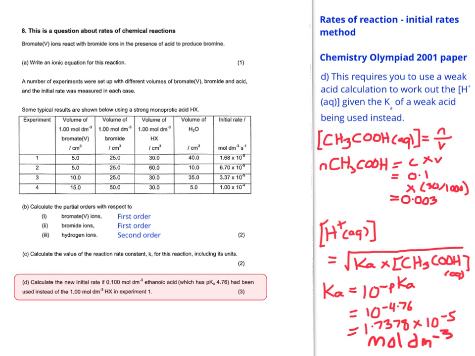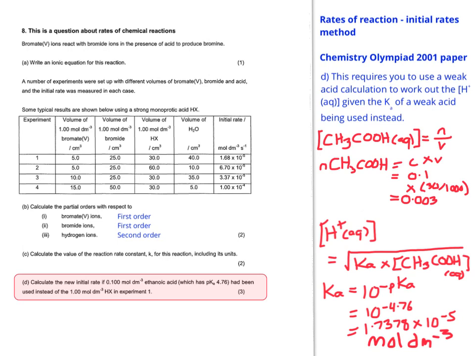So remembering the same trick we used before, we worked out the moles of our reactant. So the moles of CH3COOH is C times V. We have 0.1 as our concentration, because the question tells us that. And it's 30 centimeters cubed we've added. So 30 over 1,000, you multiply that by 0.1. That gives you 0.003.